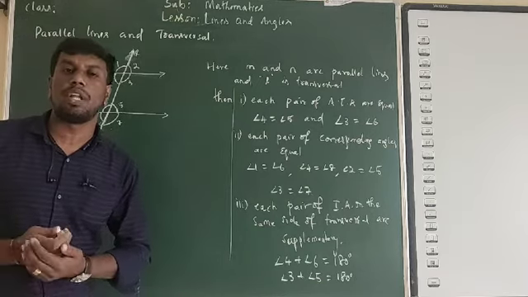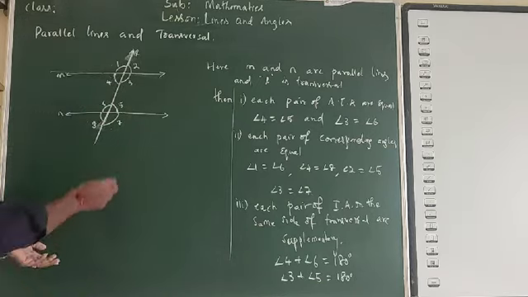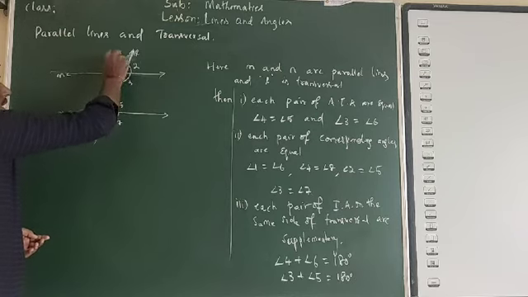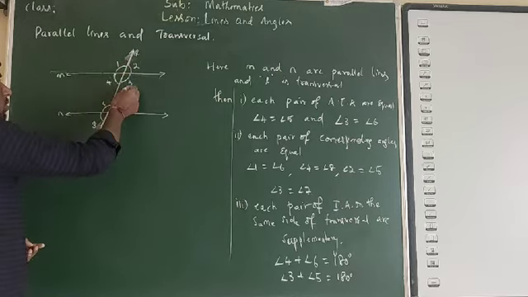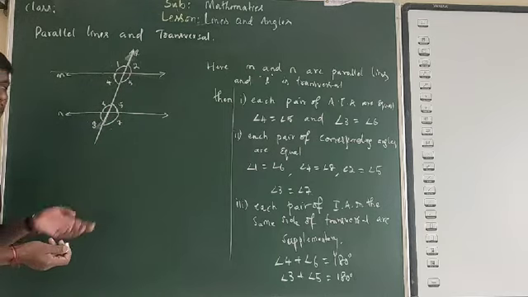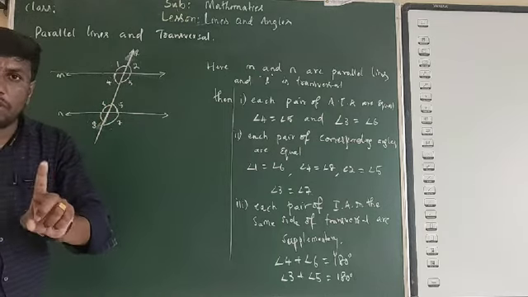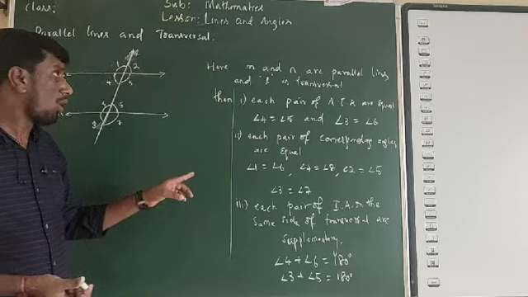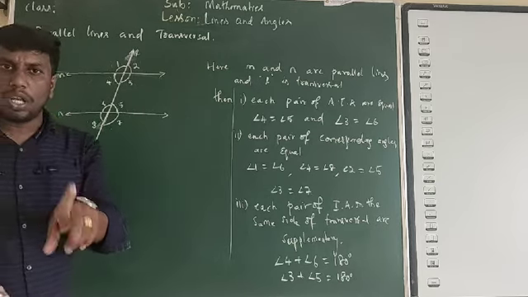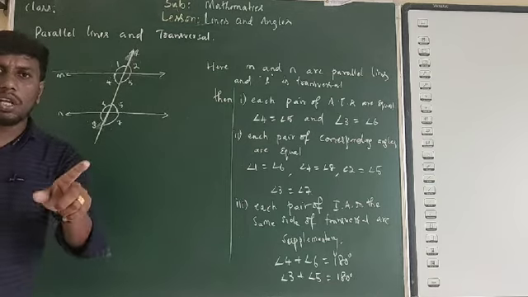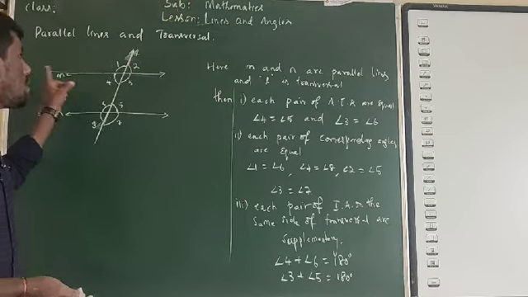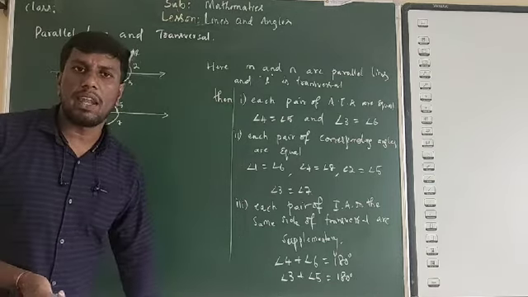Then each pair of corresponding angles. If I check that corresponding angles 1 and 6, or 4 and 8, or 2 and 5, or 3 and 7, if any one of the pairs, remember, any one of the pairs, not all the pairs, if any one pair of corresponding angles are equal, then definitely these two lines must be parallel.